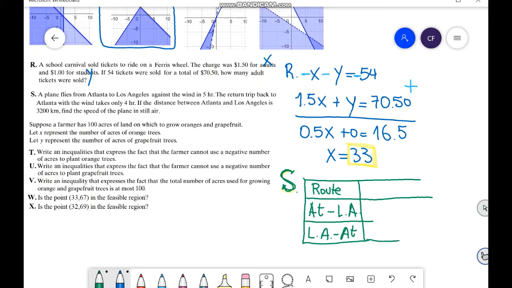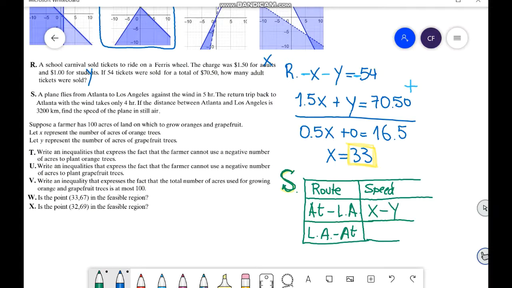On the first leg, we will have the speed. On the first leg, the plane flies against the wind. That means the speed is going to be less. The wind is holding the plane back. The wind is not helping at all. So the speed is going to be the speed of the engine, x, minus the speed of the wind.